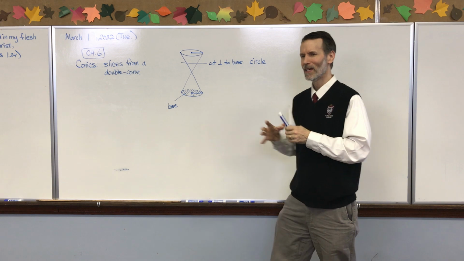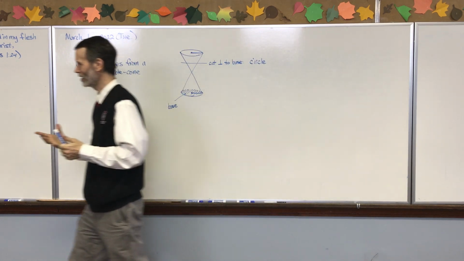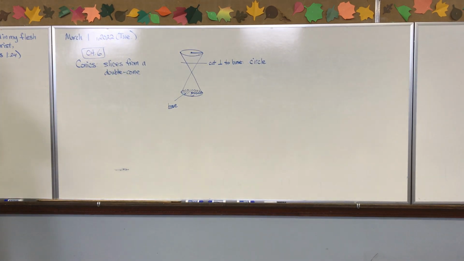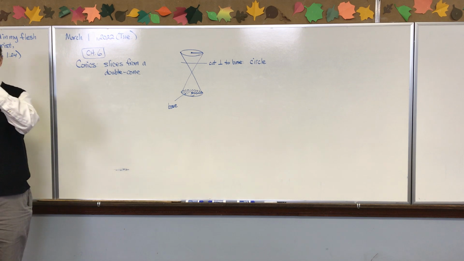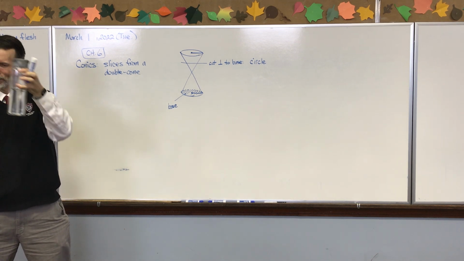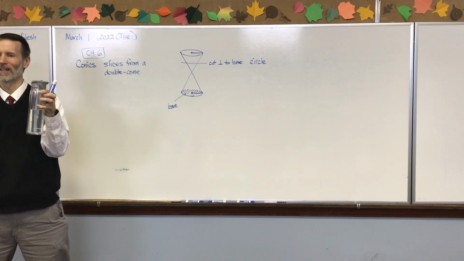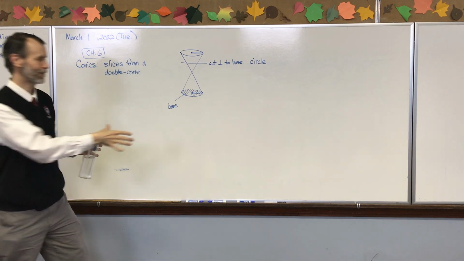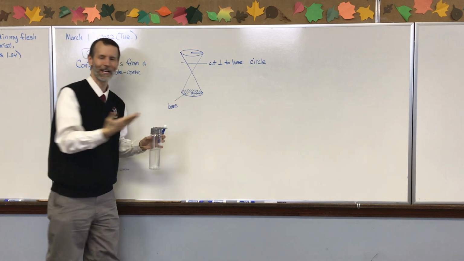Does that kind of make sense? If you're looking at, well, kind of like this. This is what's called a cylinder. It's got a water bottle, but pretend it's a solid cylinder. If I sliced it like this, and then I looked at the cut, what shape would the cut be? It's a circle. Exact same thing, except this is getting smaller, smaller, smaller. It's kind of like an ice cream cone.